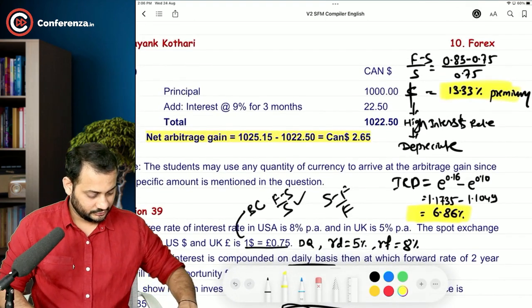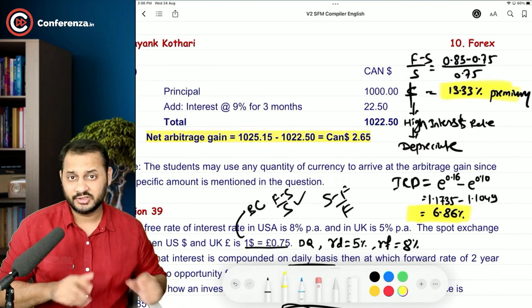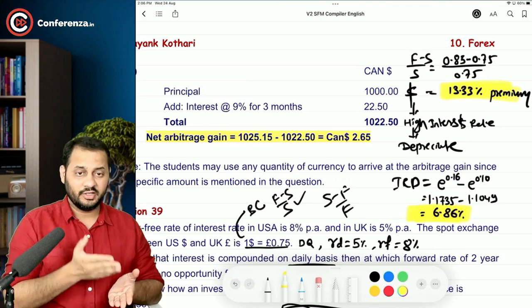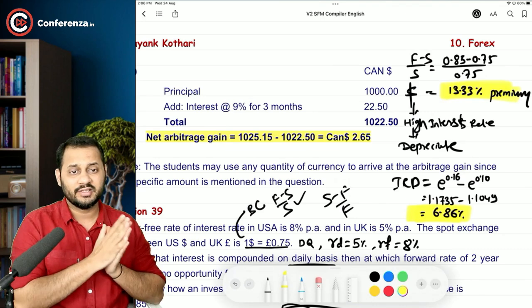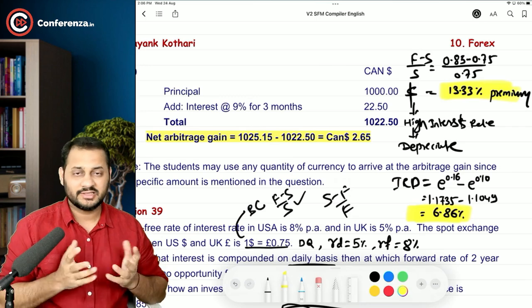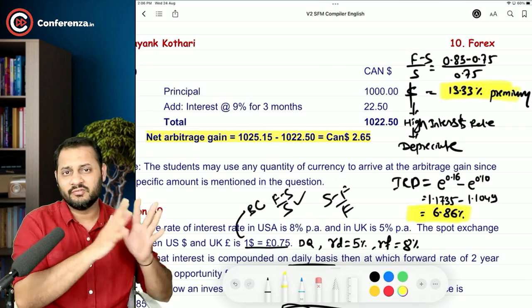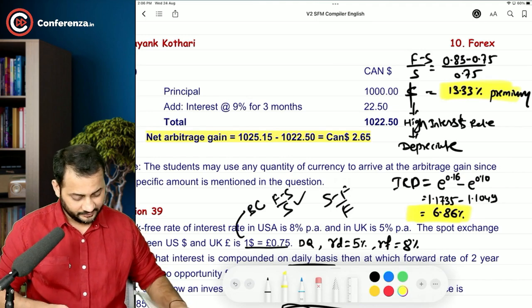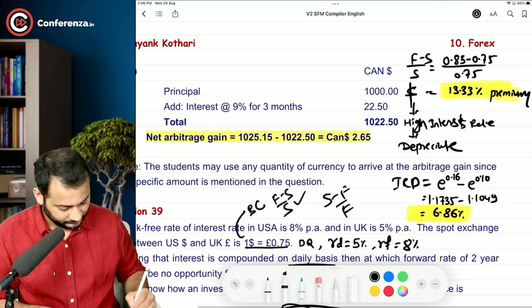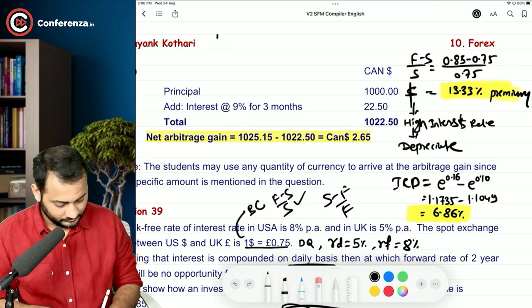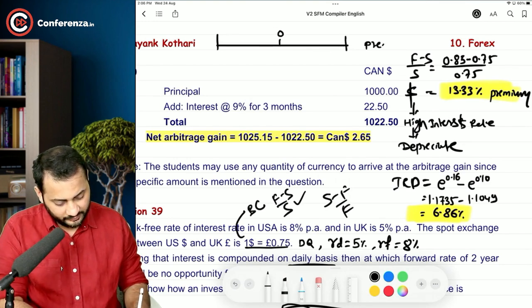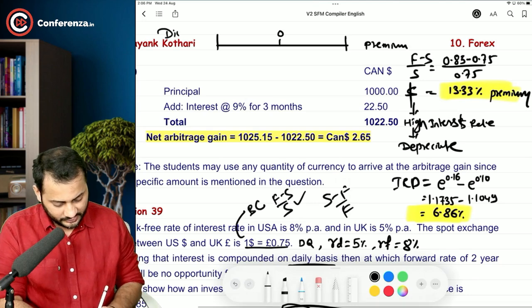Now understand the magic. Most of the students will take a wrong decision in this case. But the answer is very simple. First of all, the high interest rate currency should be at a discount, and right now it is at a premium. And if it is at a premium, straight away you can just go and invest at that rate, the high interest rate. Let me show you. If this is the timeline, this is 0, this is the premium side, and this is the discount side.